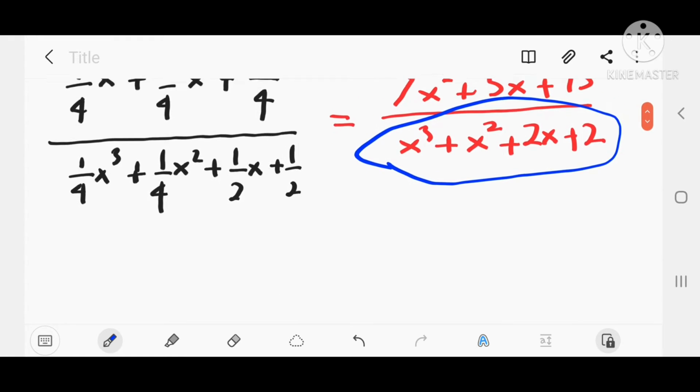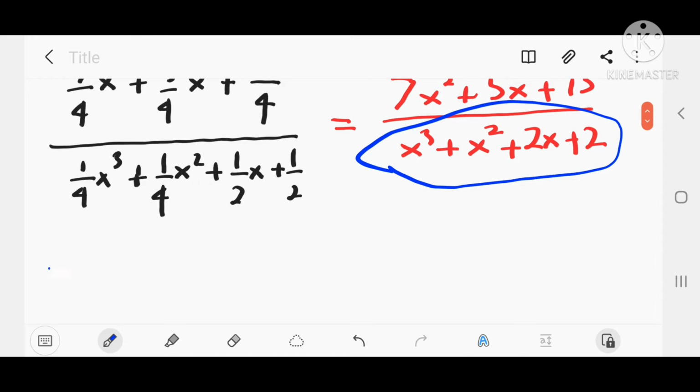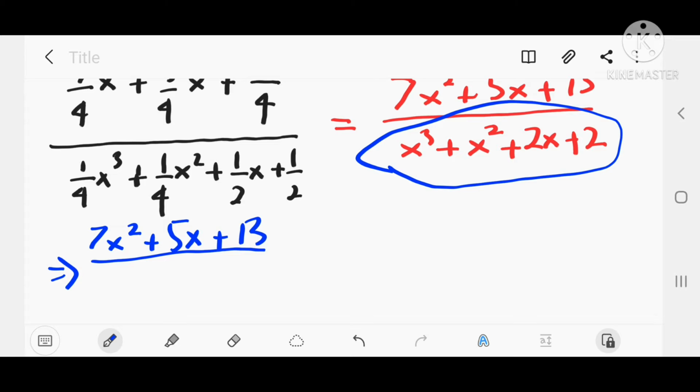So I'm repeating what I have there: 7x squared plus 5x plus 13 on x cubed plus x squared plus 2x plus 2.